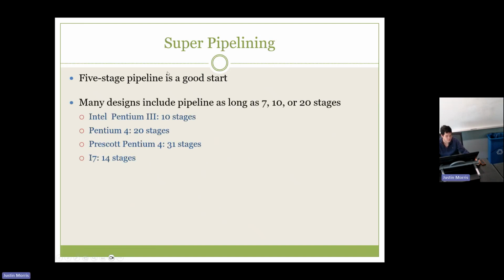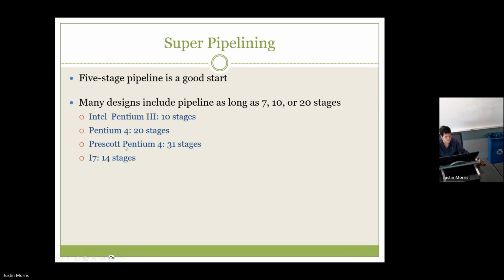So we already talked about this a little bit. So super pipelining, right? 5-stage pipeline. It's simple. It's a good start, but like I talked about, in reality, processors are having 20 to 30 stages. But even these ones, Pentium, super old processor.